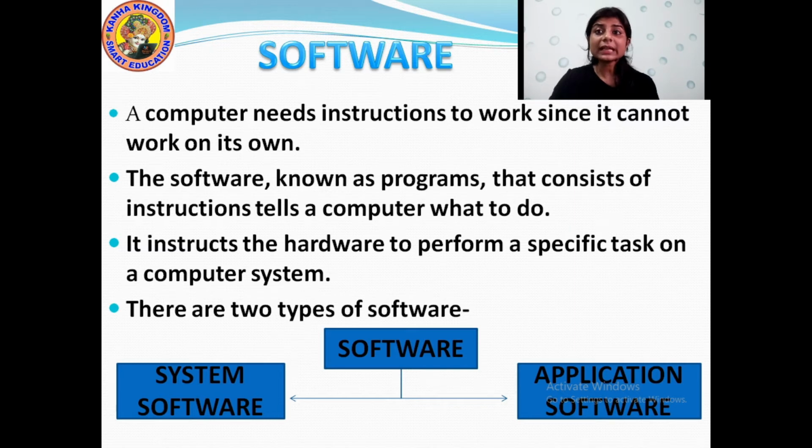Okay? There are two types of software. How many types of software are there? That is system software and application software. There are two types of software, that is system software and application software.